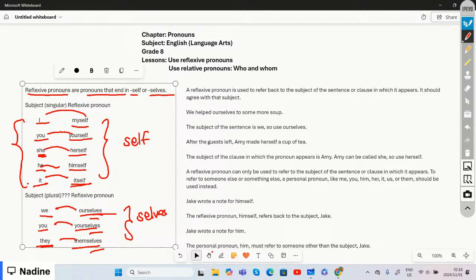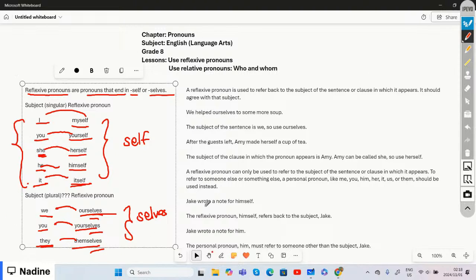And the reflexive pronoun needs to agree with either the plural subject or the singular subject. All right. So that is basically reflexive pronouns, right?